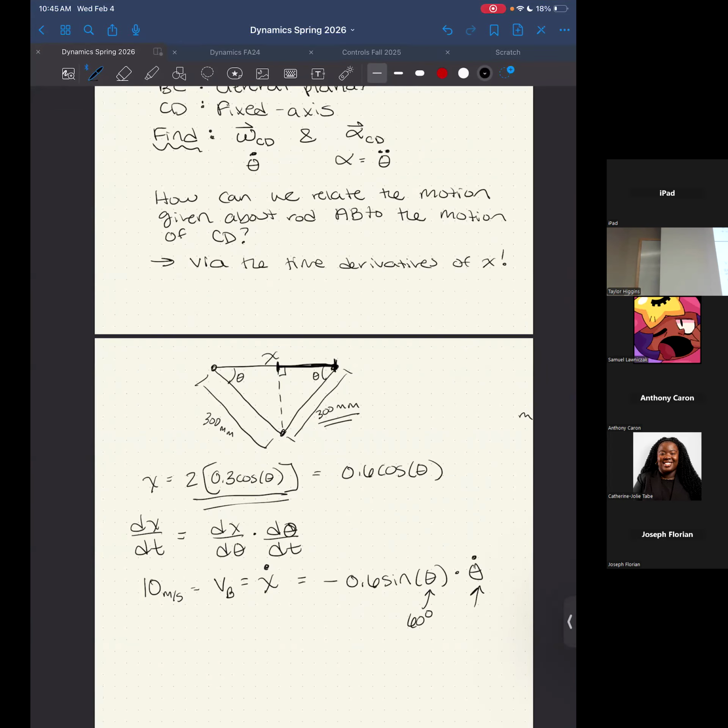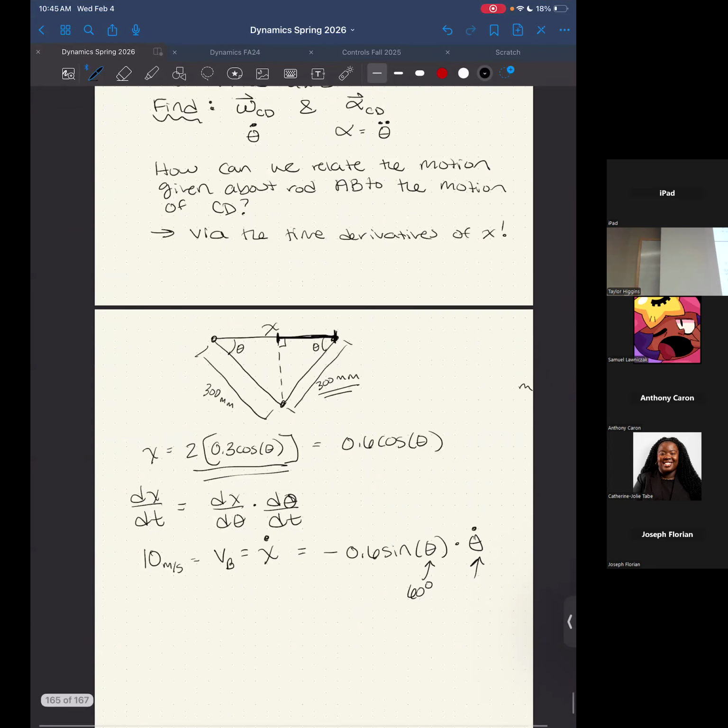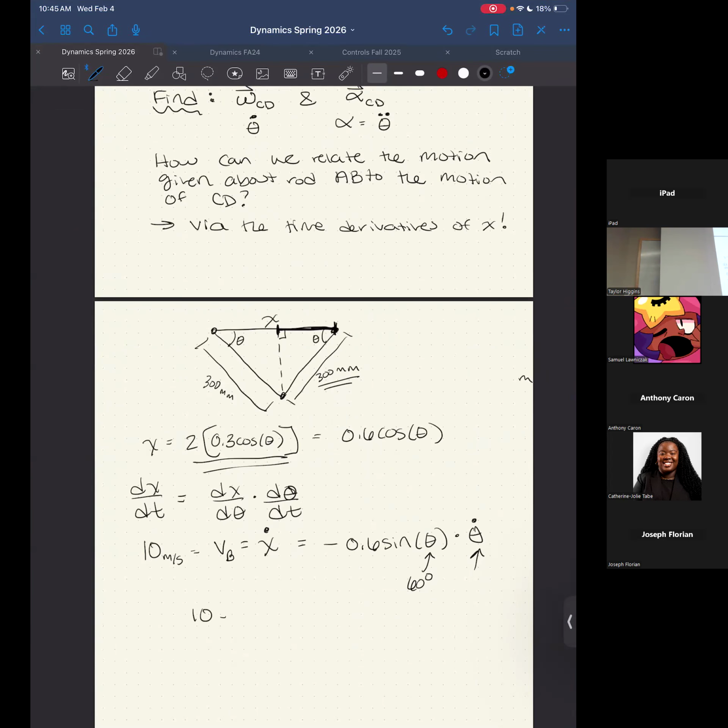Find angular velocity. I think angular velocity is the only unknown in this equation. I should have 10 equals minus 0.6 sine of 60 times theta dot. I can solve for theta dot. That's what it's asking me for.